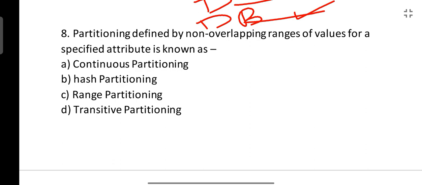The key is non-overlapping ranges of values. It is not continuous partitioning. Hash functions are something else. Range partitioning is very suitable here. So the option will be C, range partitioning.